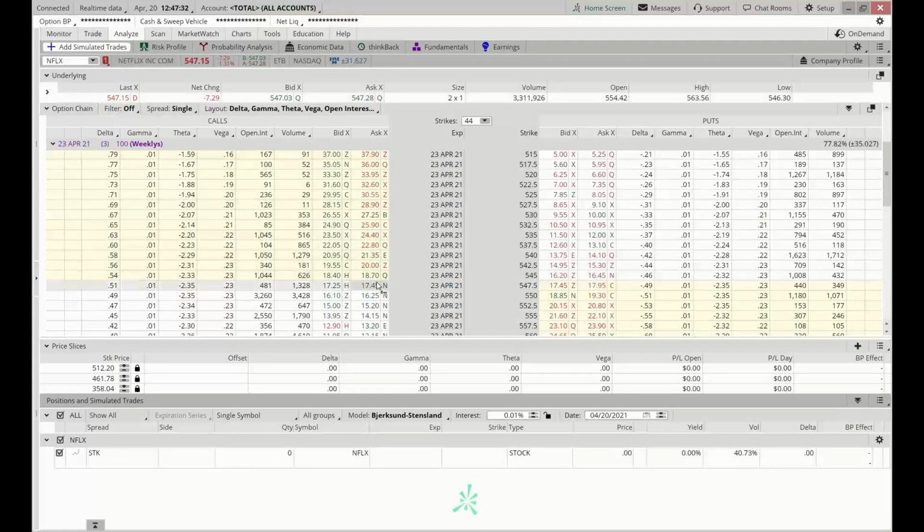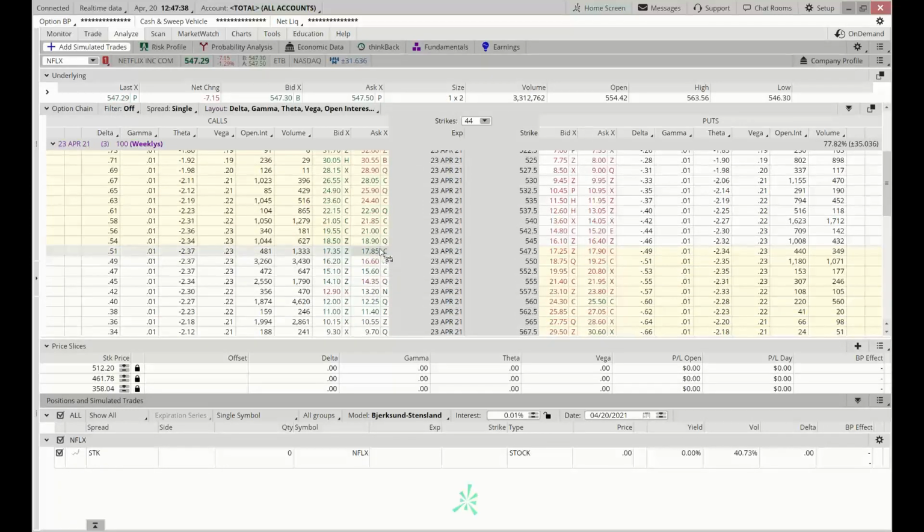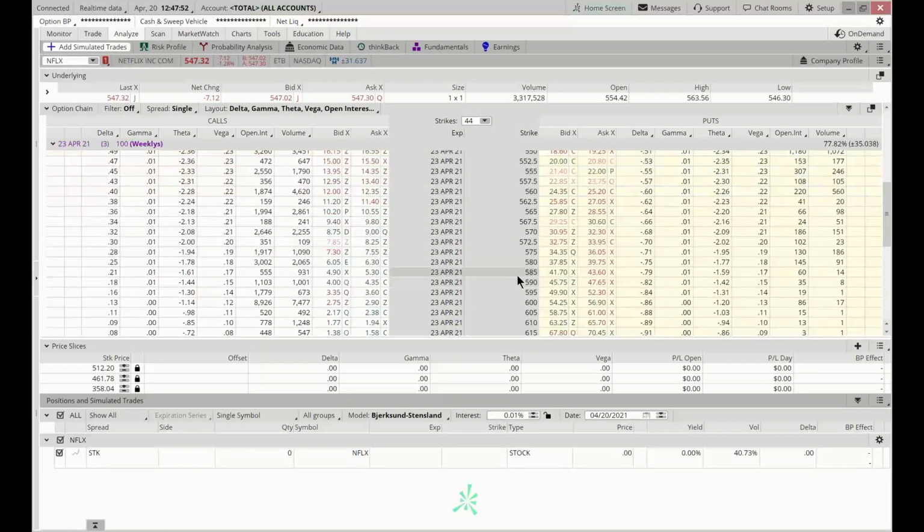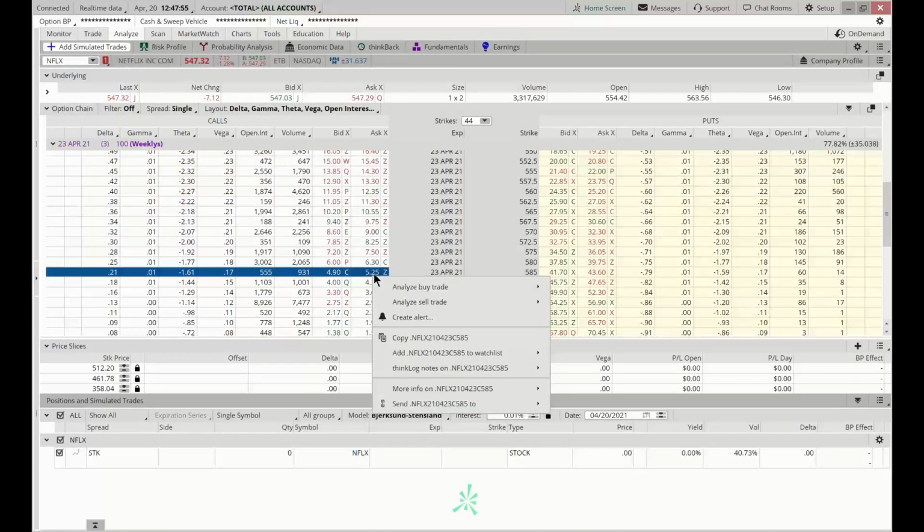So let's look at options that are about the implied move away, about 7%, 38 points. So I'm going to go to 548. I'm rounding this to 548 plus 38 points takes me up to the 586. So I'll just go to the 585 because there is no 586.